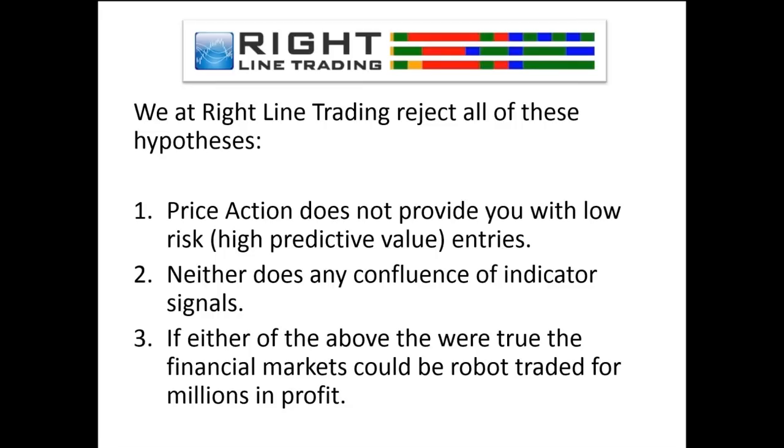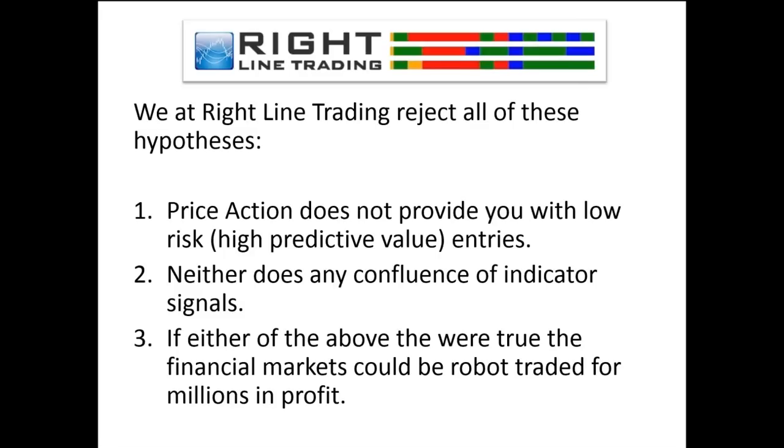So the goal of Right Line trading is to combine all of that information. It's to combine market structure analysis, which has got to be done, it's an integral part of trading, with indicator analysis. And it has the indicators make assessments from multiple higher time frames, and we assess market structure and price action from multiple higher time frames.